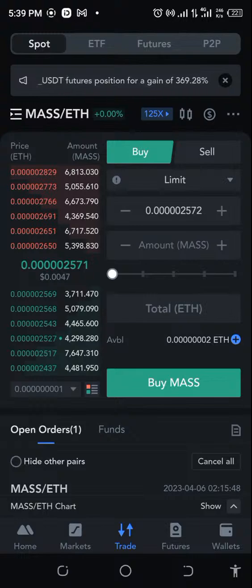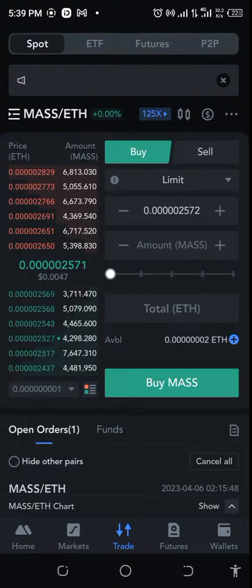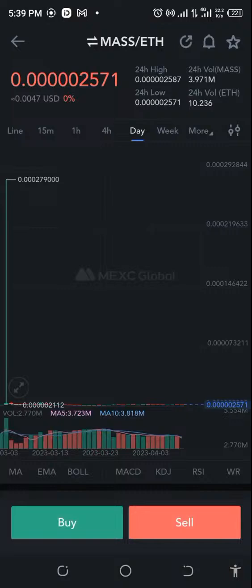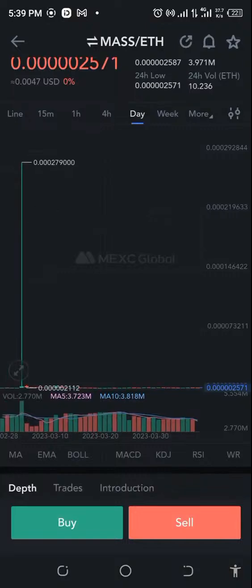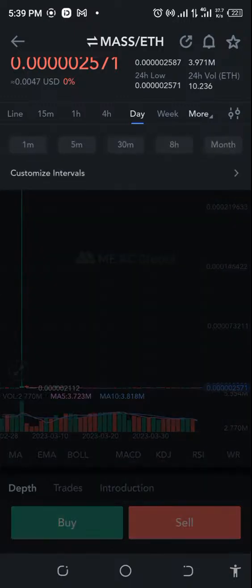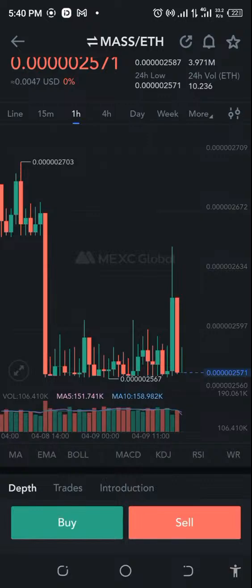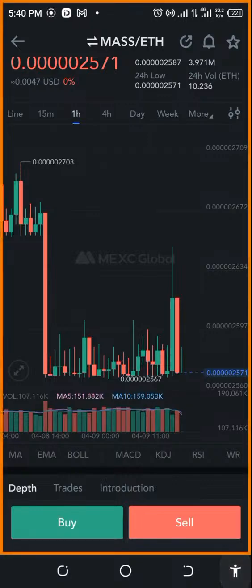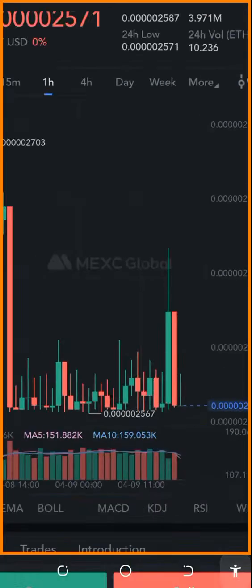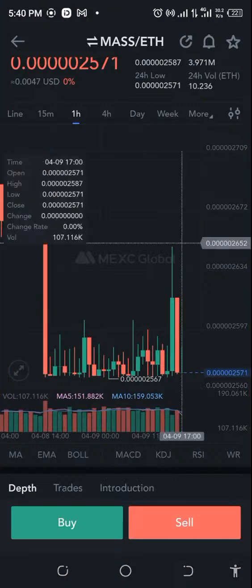For the past 3 days, let me show you the chart. Let me go back to the 1 hour chart. That's 60 minutes. Where is my 60 minutes? Okay, this is a 1 hour. You can see that it went high to this point here, so it was quite difficult to buy.